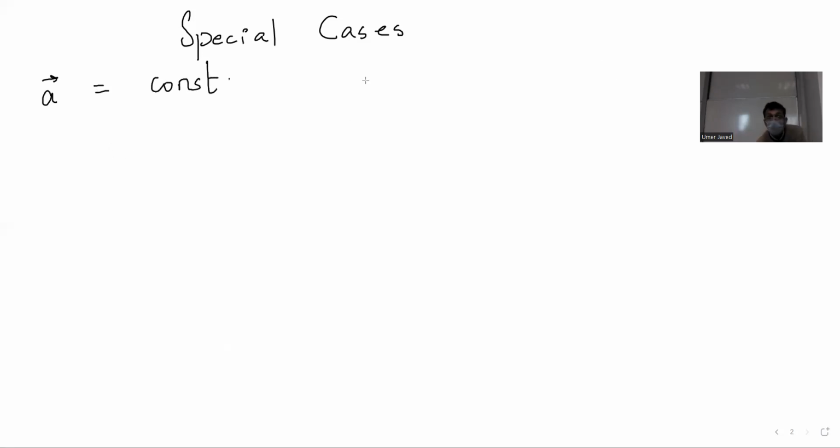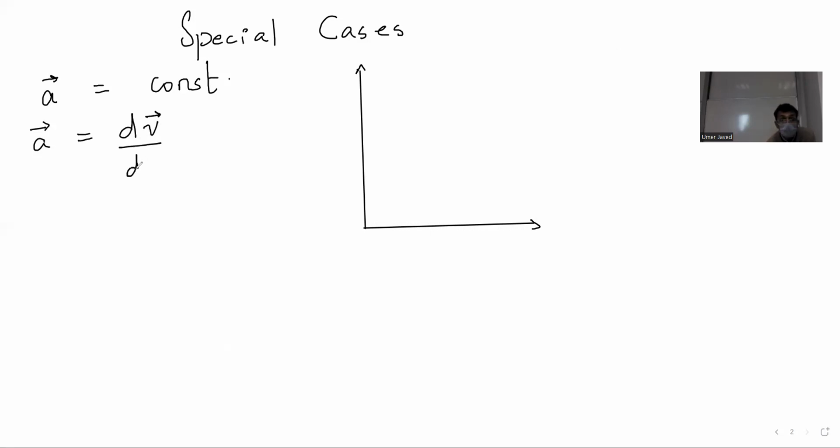Okay, here comes this nice and beautiful plot. Now you will start seeing our physics 1 formulas. Acceleration is equal to constant. What should I do? A equal to dv by dt. I always do that. A is constant or not.